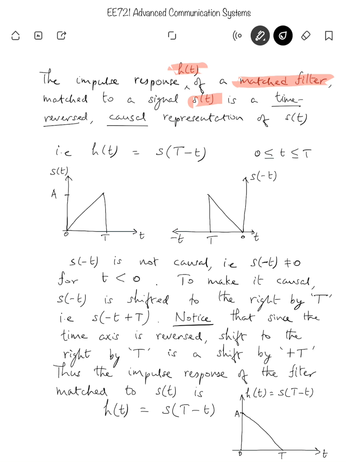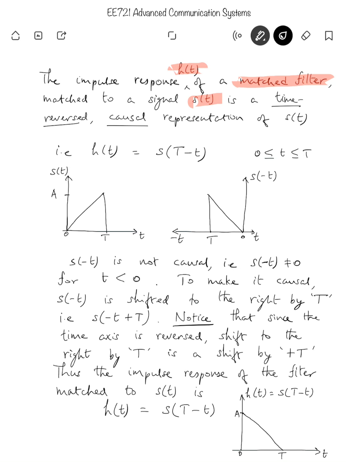So what do we mean by that? The impulse response being matched to a given signal S of t means that we choose the impulse response to be a time reversed and causal representation of the transmitted signal, or the signal of interest, with which we want to match the impulse response.